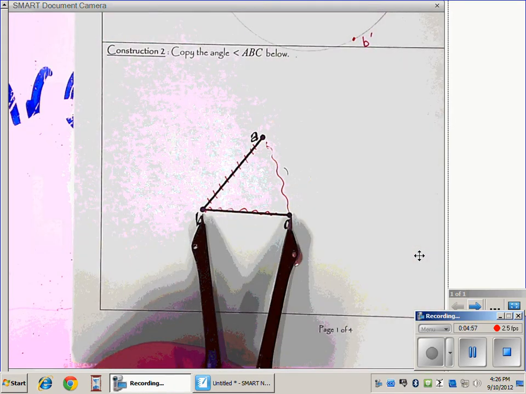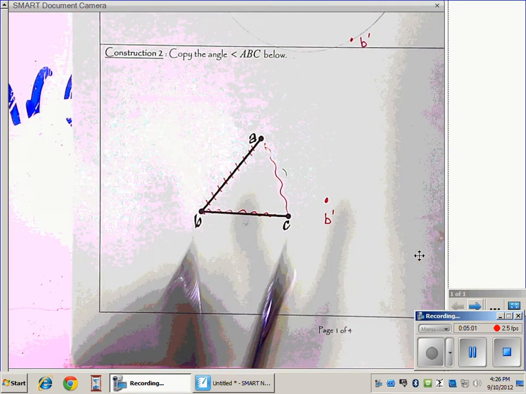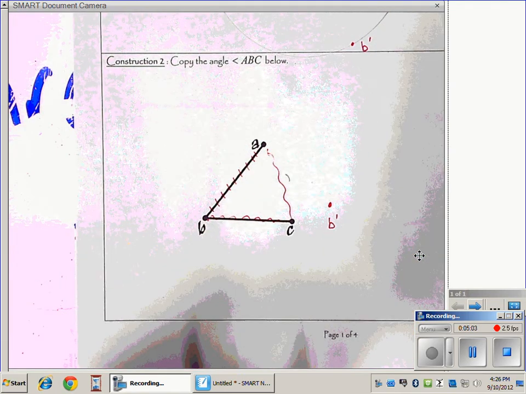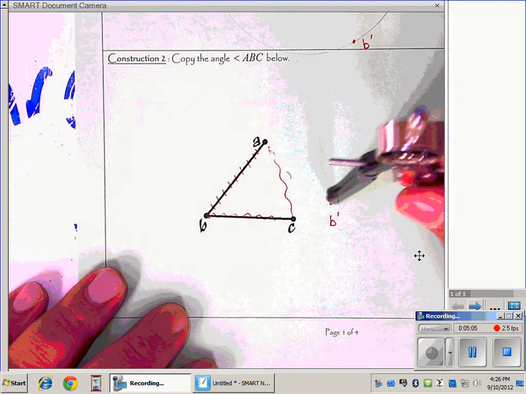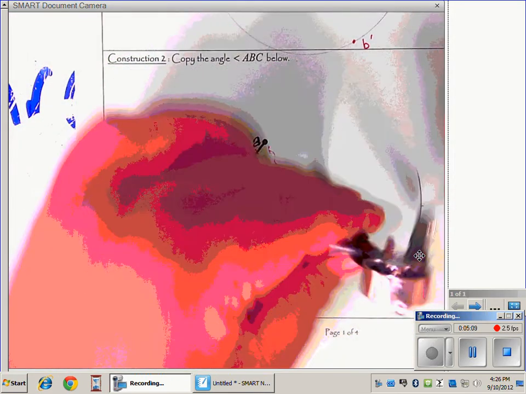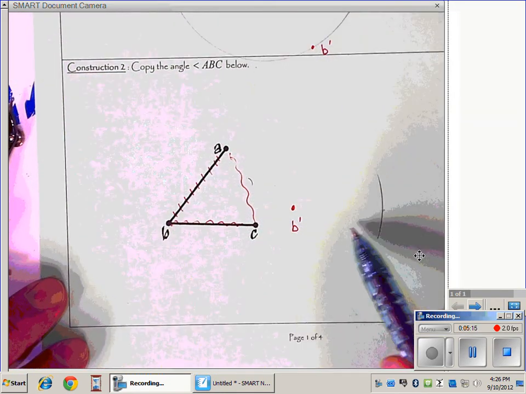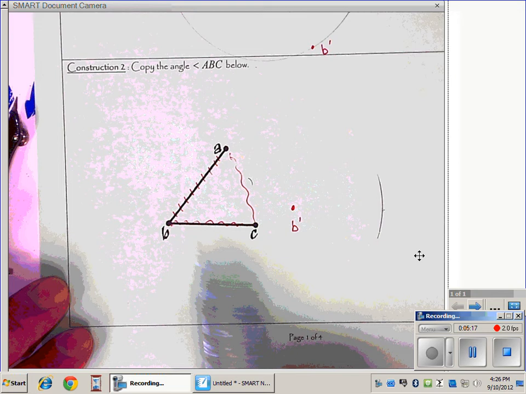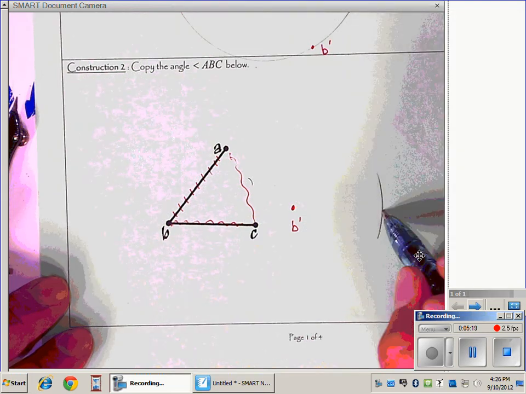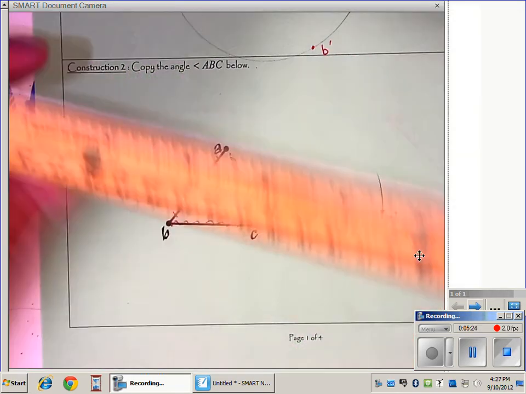So I'll put my new B point here, and then using that same compass distance and pinning our compass at B, creating an arc to label all possible C's. Now again, I could have gone around in a full circle, but I don't need the full circle. All I'm really looking for is a possible placement for C, and since I am trying to do a copy, I'll try to orient it roughly the same way. So I'll choose my C to be here.